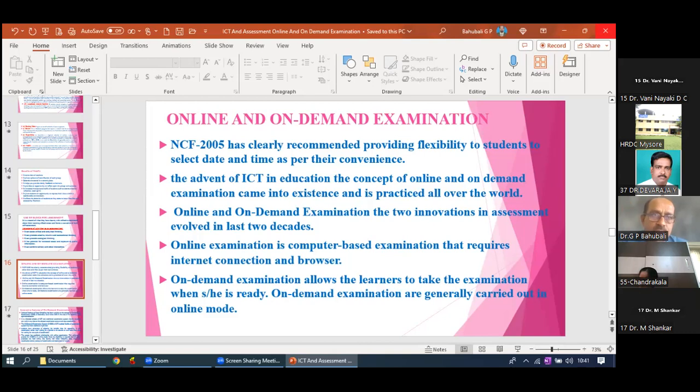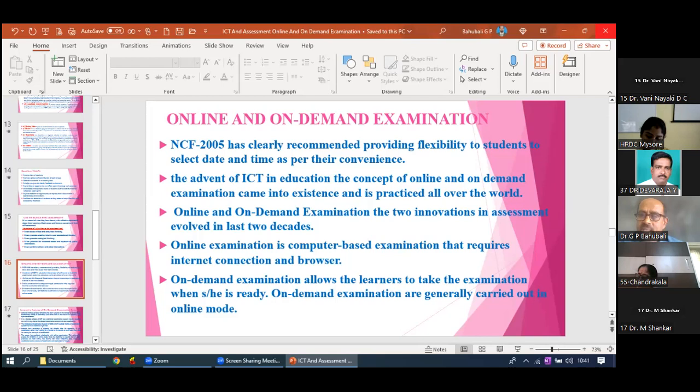Because the present examination is a conventional one. Throughout the country, throughout the state, throughout the university, at a time, all the students have to take the examination as per the schedule. Their learning will be assessed as per the schedule.